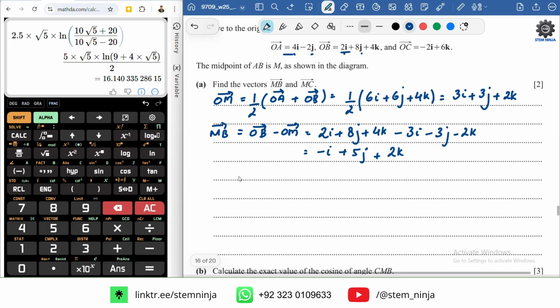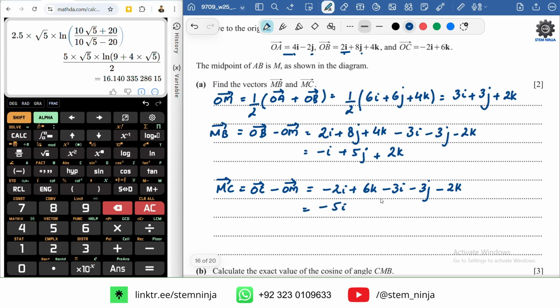Right? And MC would be similarly OC minus OM, minus 2i plus 6k minus 3i minus 3j minus 2k, minus 5i, minus 3j and 4k.